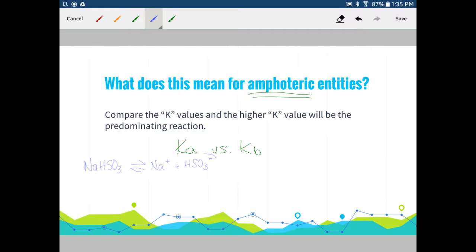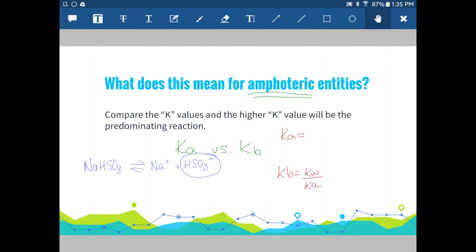And again, this is going to be our basic entity. It's going to be the thing that reacts. Now, when we are looking for this, again, we're looking to calculate the difference between our Ka versus our Kb. So we can simply find the Ka value for this entity just by looking at our data table, and our Kb we can calculate by going Kw over our Ka.